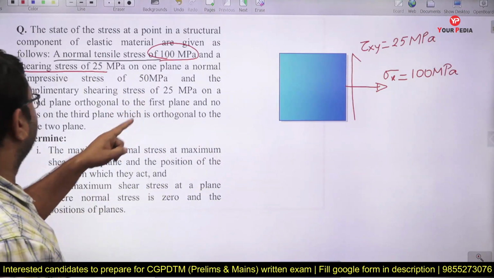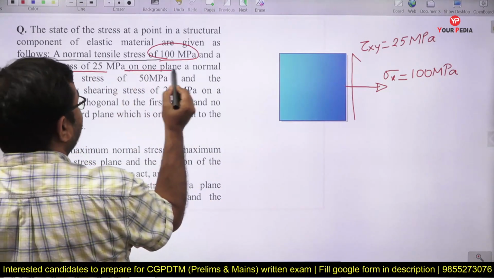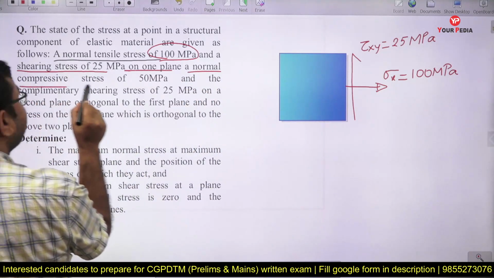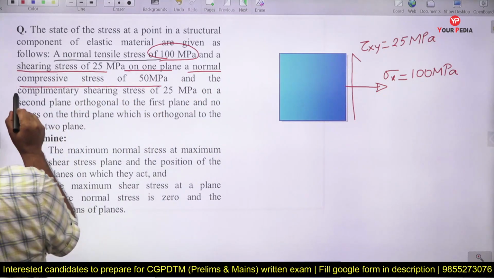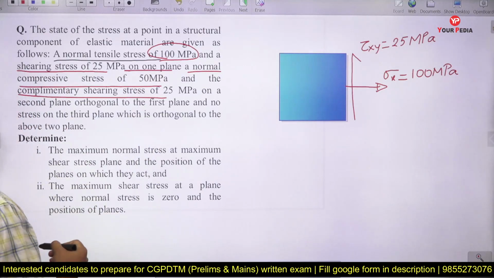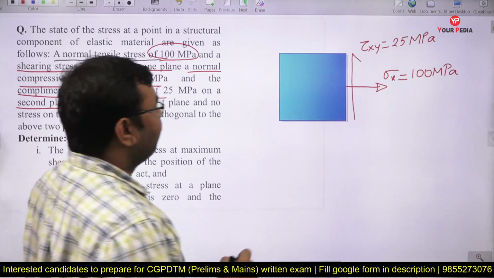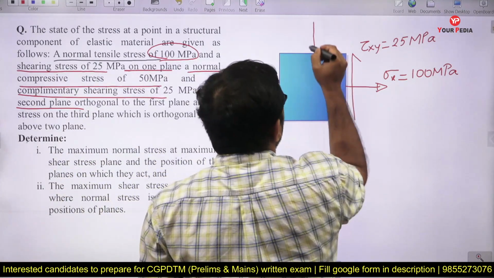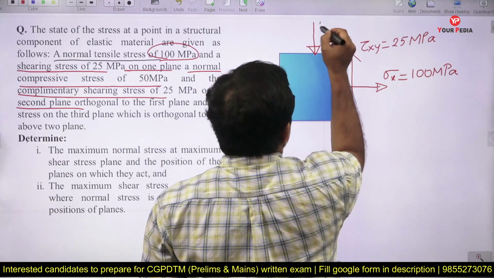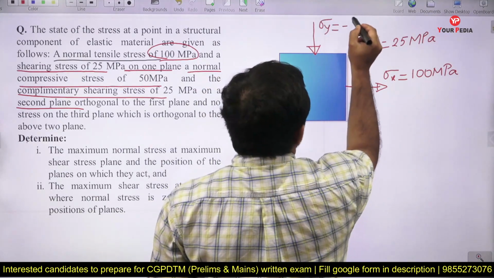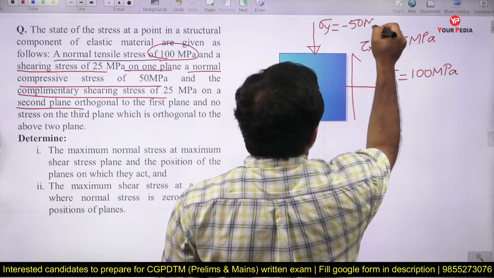And now, on one plane a normal compressive stress of 50 megapascal and complementary shearing stress of 25 megapascal on the second plane, which is orthogonal to the previous one. So in this plane, let's say this is sigma y, and this stress is minus 50 megapascal.